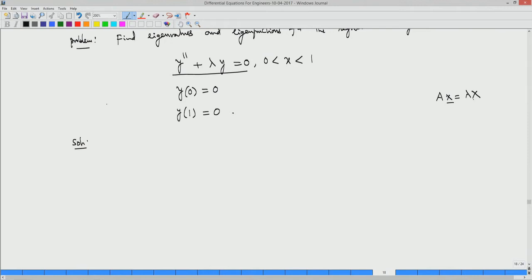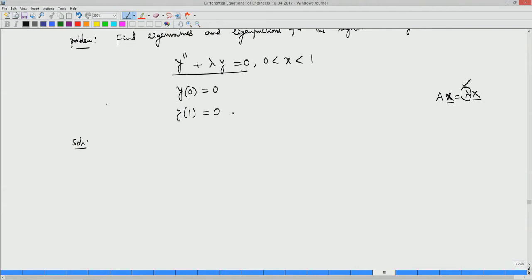Fix your lambda, or find those values of lambda for which you have a non-zero solution x. Those are your eigenvalues and eigenvectors. You do the same thing. Try to put this equation in this form, like M y equal to 0, where M is the operator. M is actually the same as L, as you can see.